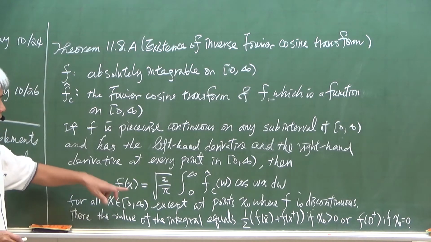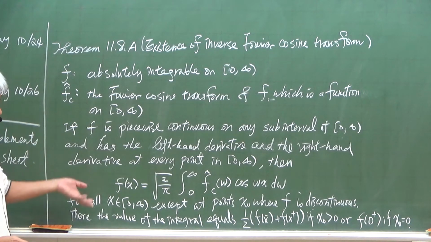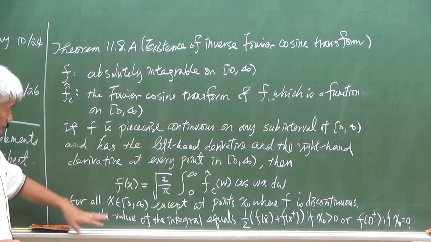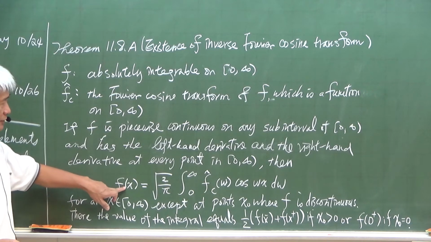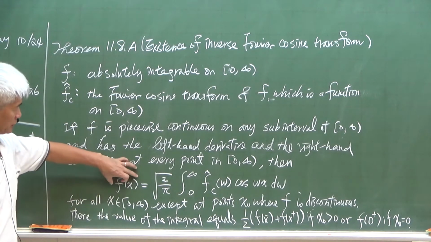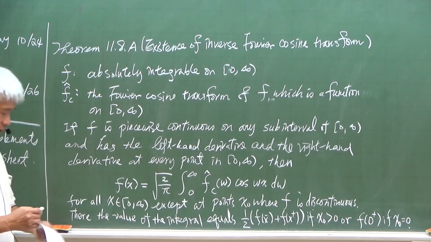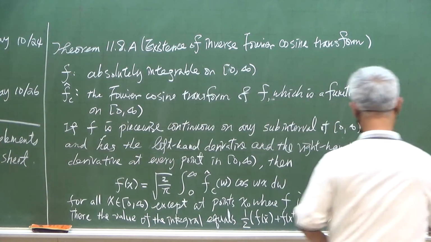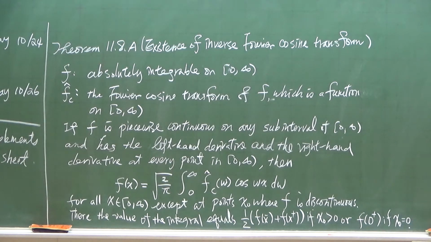Of course, if f is continuous at 0, then it will go back to f(0). But in general, it goes to the right-hand limit of f at the endpoint x equals 0.